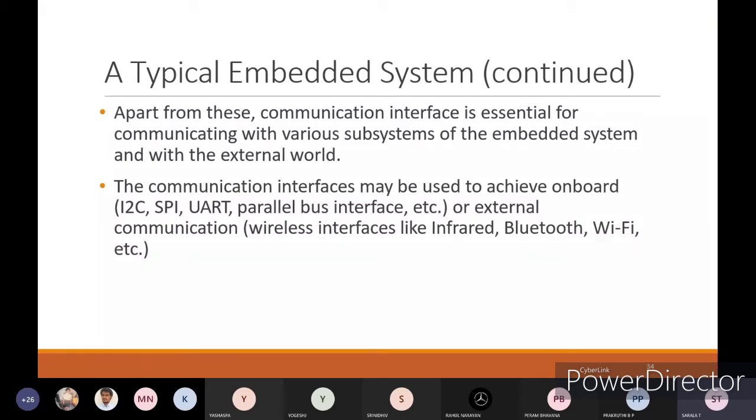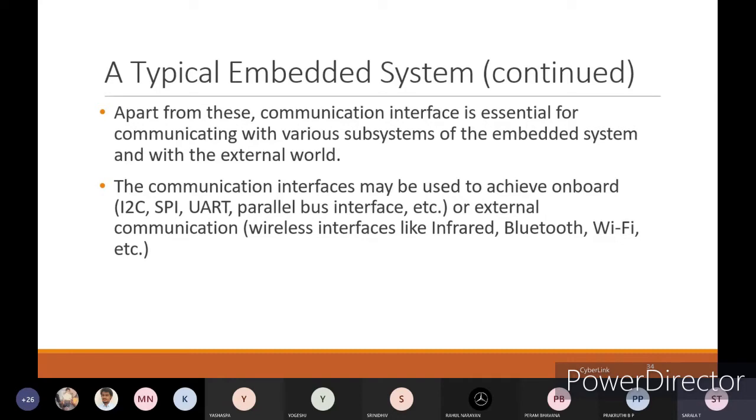You also need a connection from an internal device to an external device through external connections. That's why we have communication interfaces.